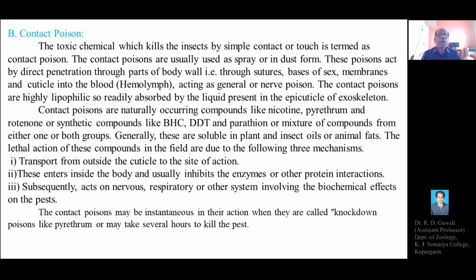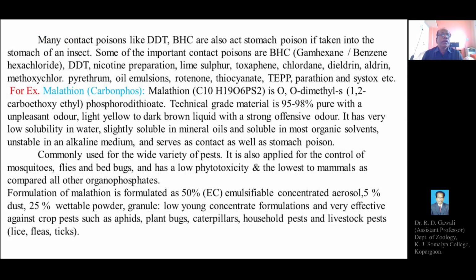This is about the contact poisons. There are also other examples: many contact poisons like DDT and BHC also act as stomach poisons if taken into the stomach of an insect. So certain contact poisons, when they enter the body of the insect pest, serve as a stomach poison or a systemic poison and can also lead to a lethal effect and the death of the insect pest.